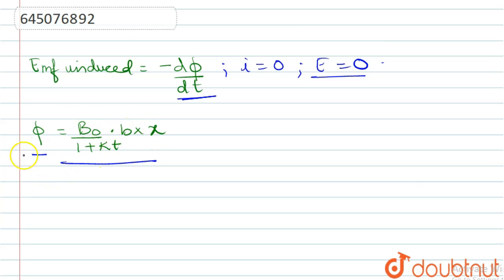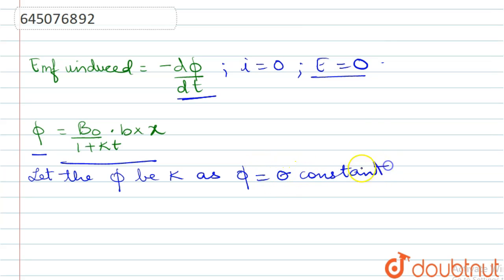So if the flux is a constant value, let the constant be k dash, because the flux is constant due to EMF induced equal to 0. Since 1 plus kt is already given in the question, we call the constant another variable k dash.